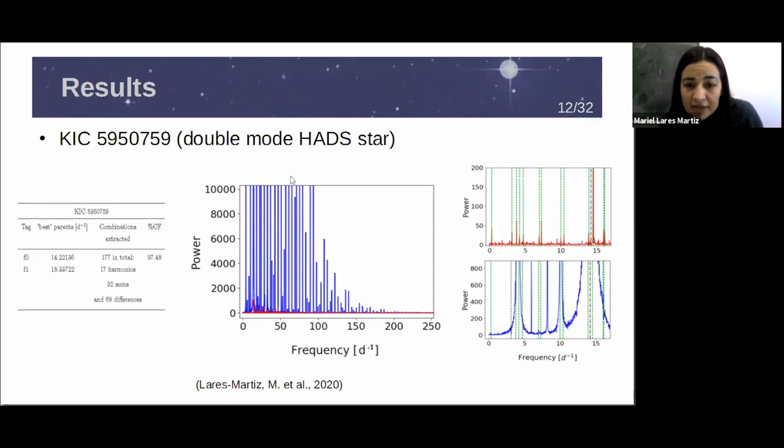With this it is enough to see these frequencies. And when I did a test, if I understood correctly, you asked me if I did a test to check whether I find artificial combination frequencies.